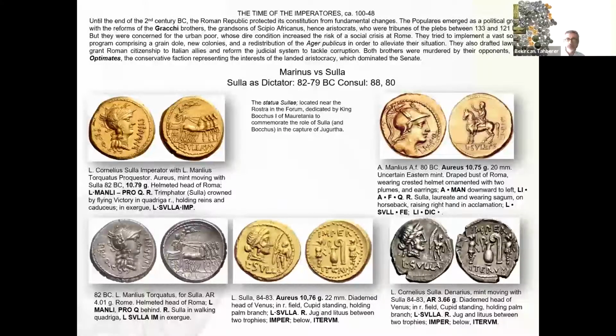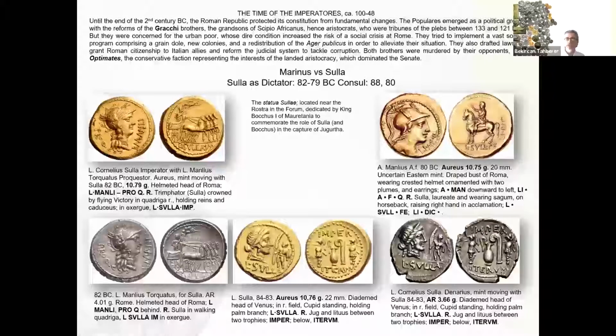Great bust of Roma on the obverse, and on the reverse, Sulla, laureate and wearing sagum on horseback, raising right hand in acclamation. So this is, again, very new, unheard of, unseen, but still it is not very kingly according to the Roman people.